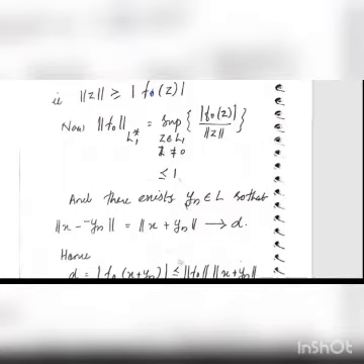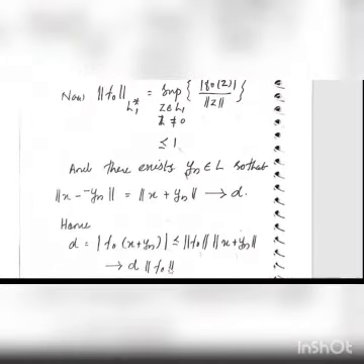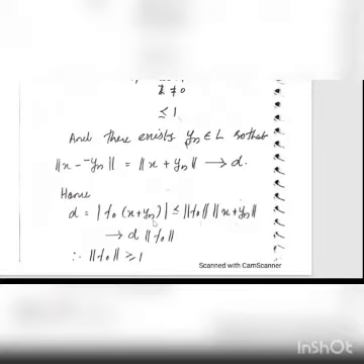Hence, you can write d is equal to modulus of f naught of x plus yn, which is less than or equal to norm of f naught into norm of x plus yn, which converges to d into norm of f naught. From where did I get this one? See here, when n tends to infinity, this quantity remains the same. That I have written as it is, norm of f naught.